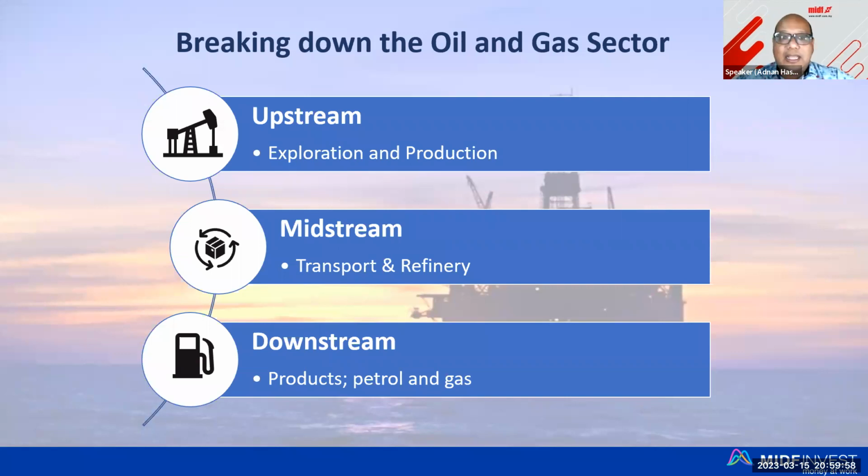The midstream is somewhere in the middle of the river, and the downstream is at the bottom of the river. So upstream is basically the source of crude oil. This is where crude oil actually comes out. Midstream is how crude oil will get processed.